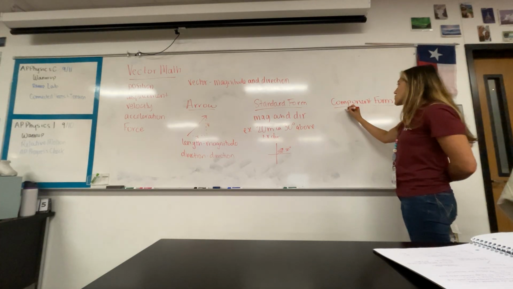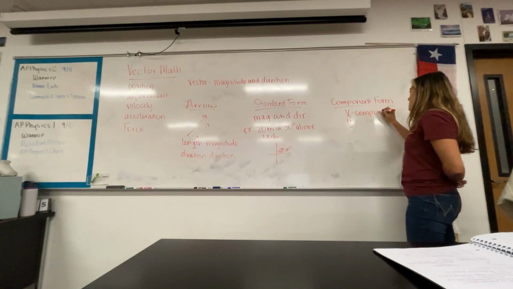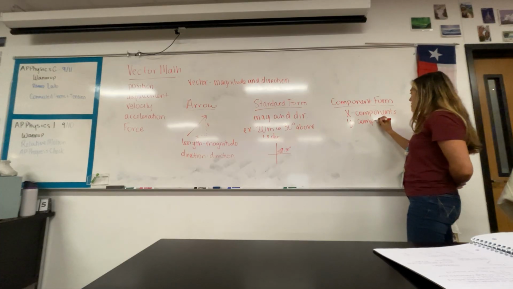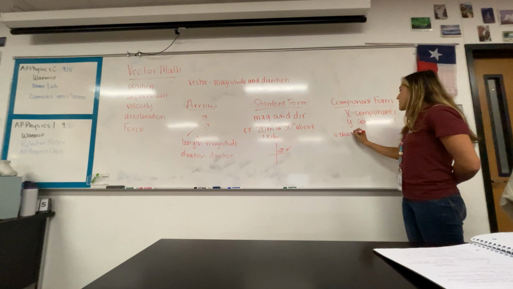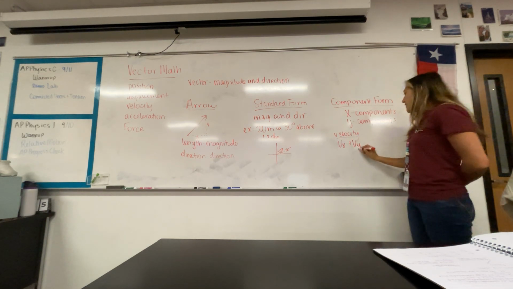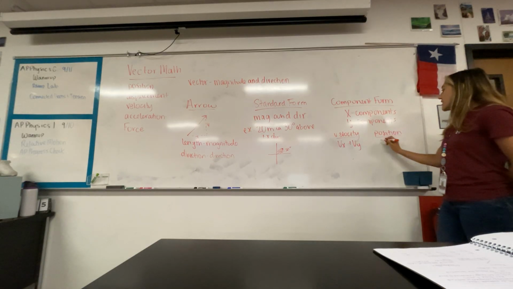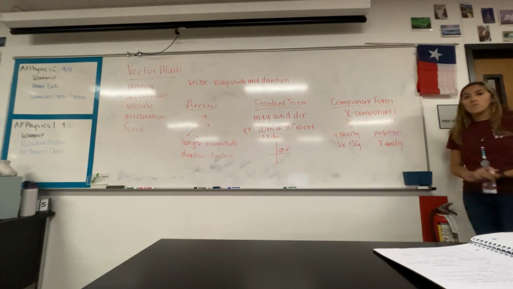That would be the actual x and y components. So if I'm talking about a velocity, that might look like Vx and Vy. If I'm talking about a position, that could be x and y. Depends on what we're talking about.